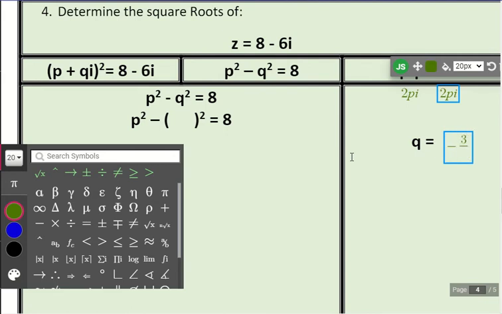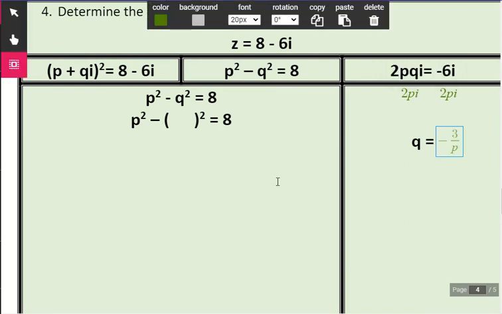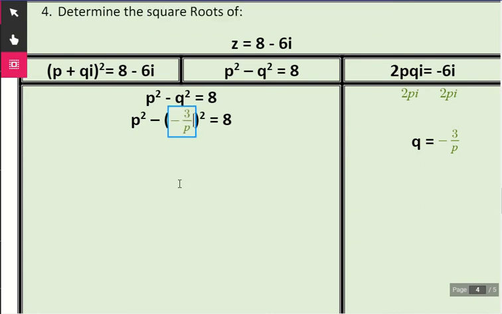But remember, the denominator is still p. So now I can take that value and put it right inside my parentheses over here. Instead of using q, I substitute q with negative 3 over p.